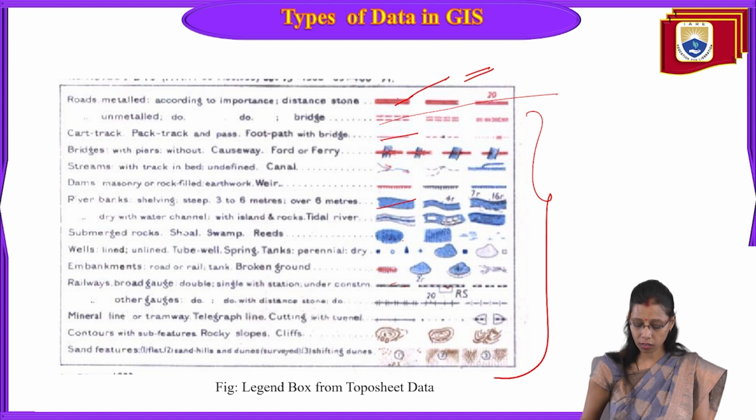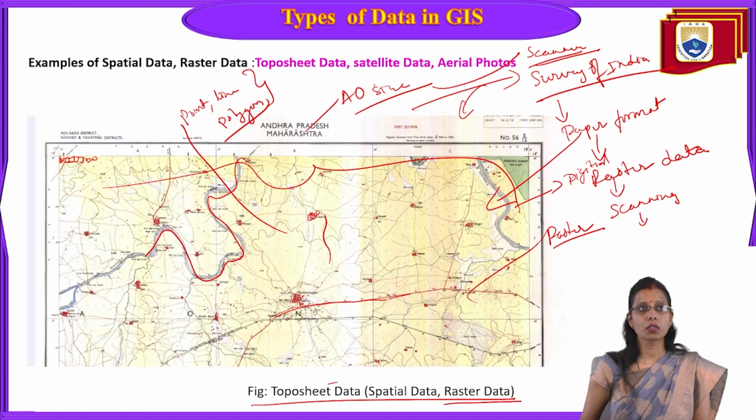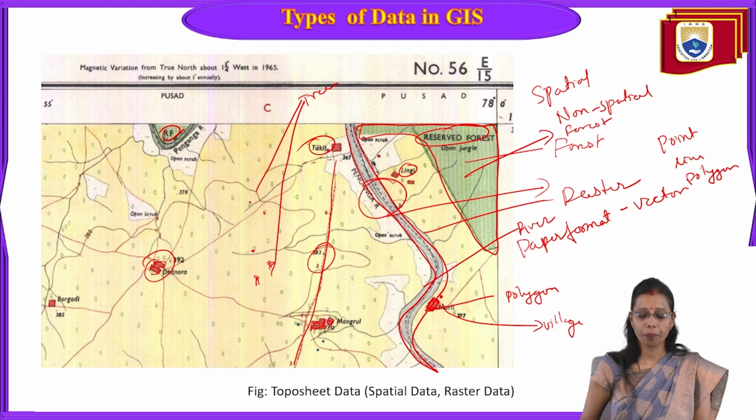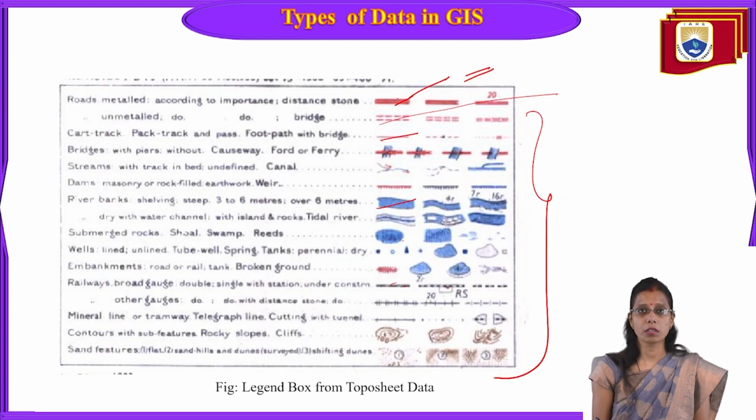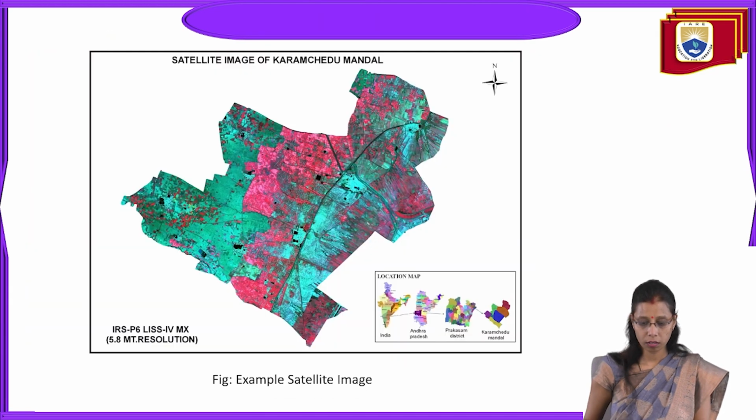So this legend box is attached to the topo sheet. Once it is attached, it will show you the spatial and non-spatial information. Once it is scanned, it is a raster, and once it is in paper format, it is a normal map. So once it is scanned, it is called a raster image.